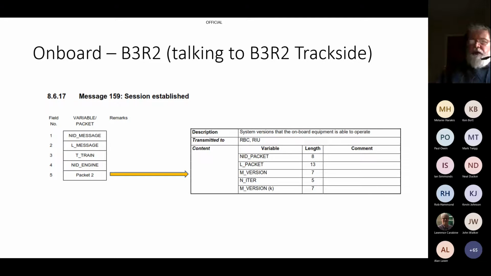If I'm a baseline 3 release 2 train operating on an earlier version of the trackside, for instance Cambrian, and I send a packet 2, the trackside will not understand the packet, and that will almost certainly generate an error.